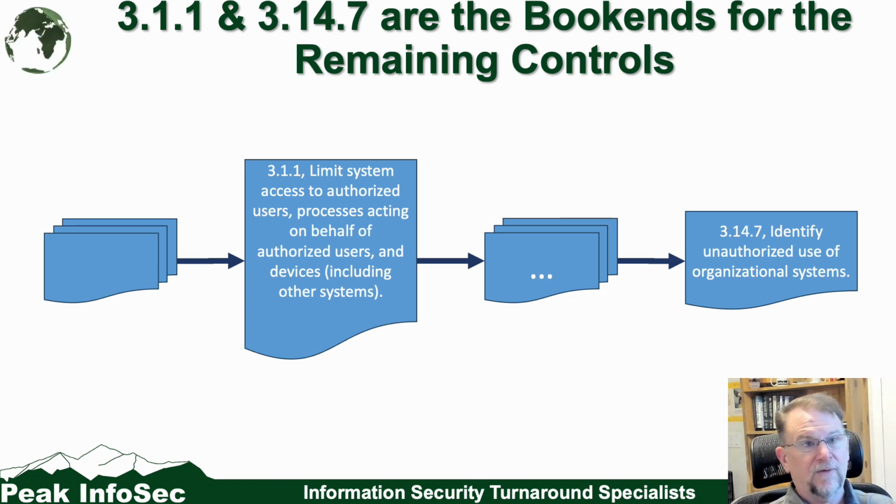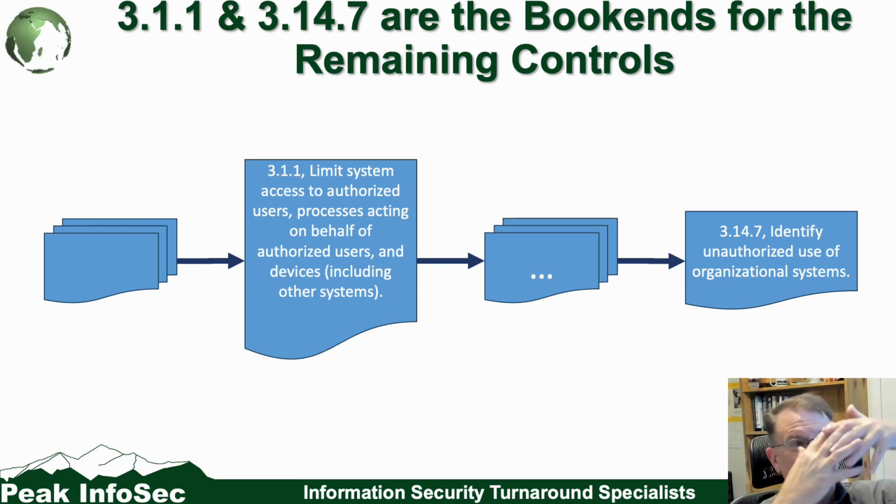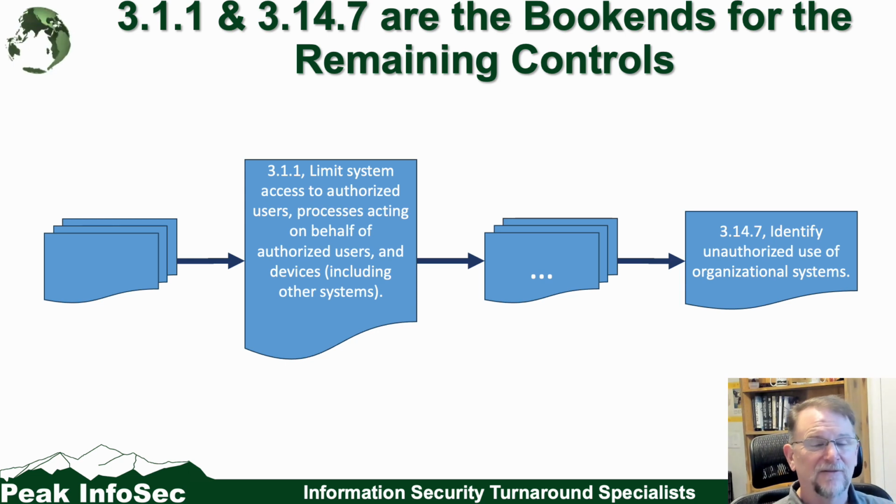So going from 311, you're limiting to least privilege, you're implementing stuff, you're putting in controls, you're putting in monitoring, you're doing all this other stuff in the middle, but at the very end, it's ultimately about identifying unauthorized usage of that system. And you can kind of trace these all back together. It's kind of stupid fun stuff we do, but that's how this all fits together at a very high macro level.